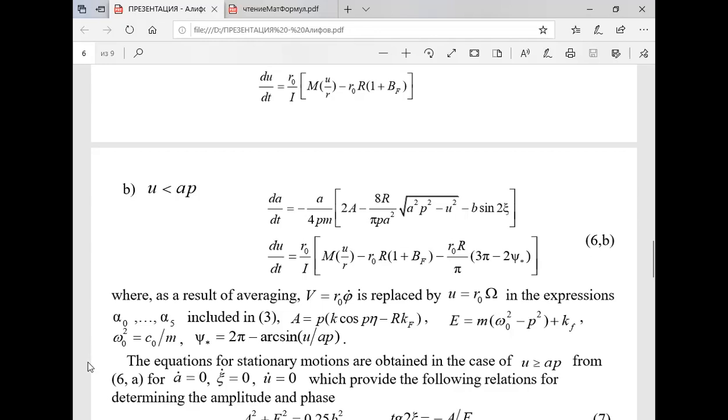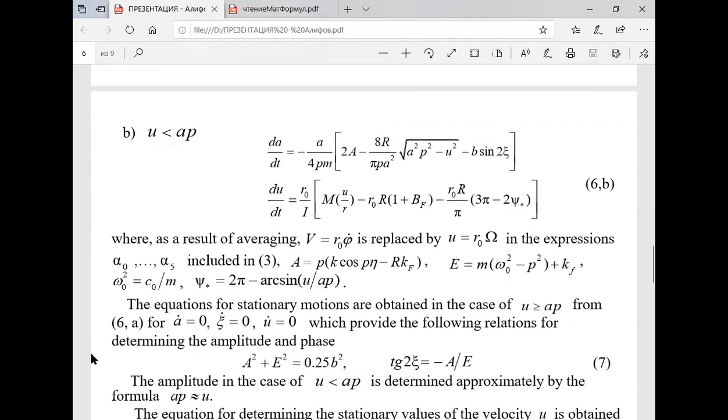The equations for stationary motions are obtained in the case of u greater than or equal AP from 6 for A dot is equal 0, C dot is equal 0 and u dot is equal 0, which provide the following relations for determining the amplitude and phase.